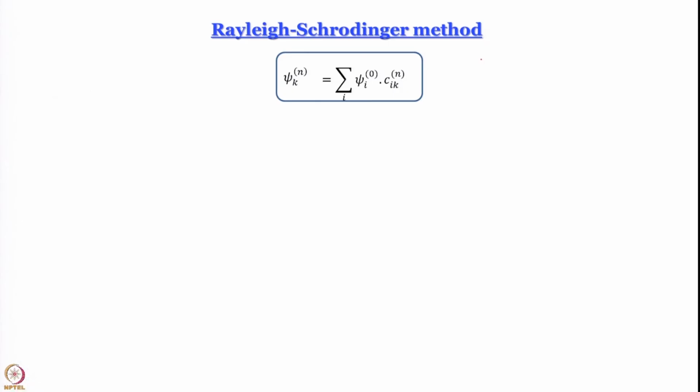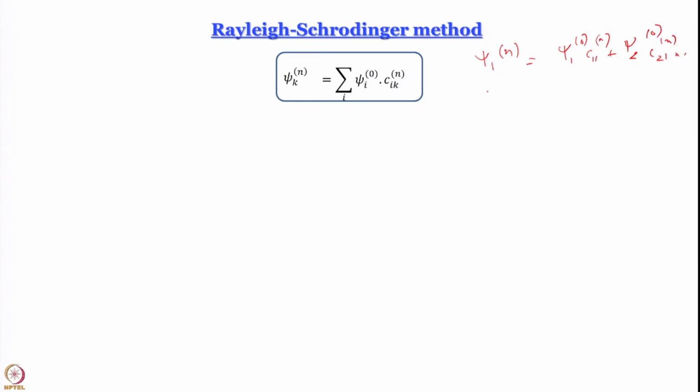What I am saying is I can write like this, psi 1 nth is equal to psi 1 0th C 11 nth plus psi 2 0th C 21 nth, and so on.